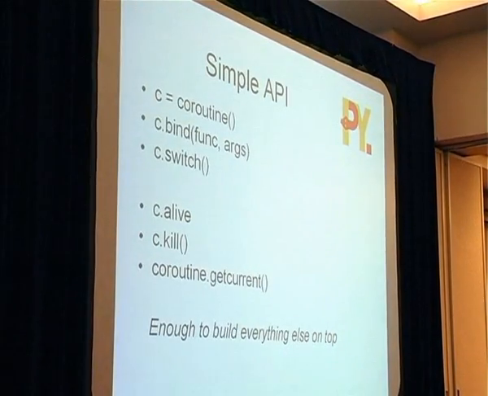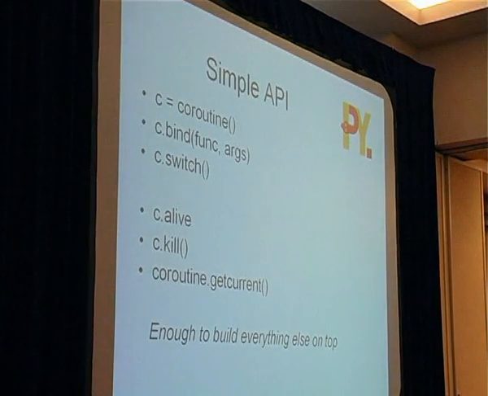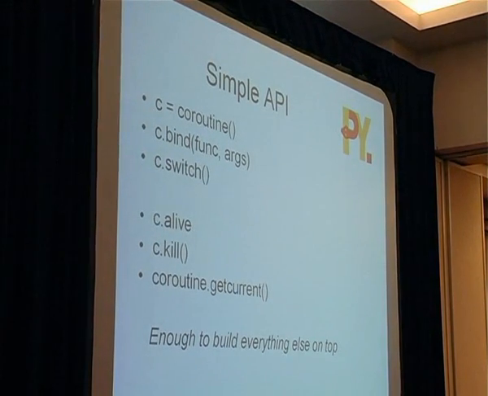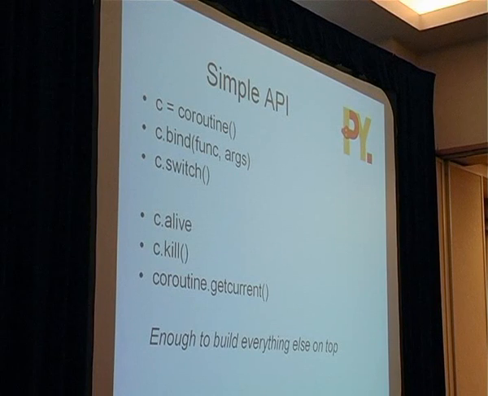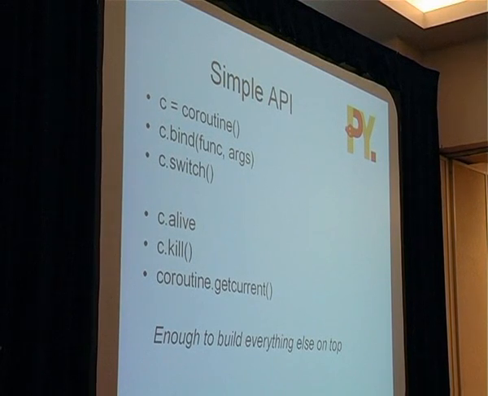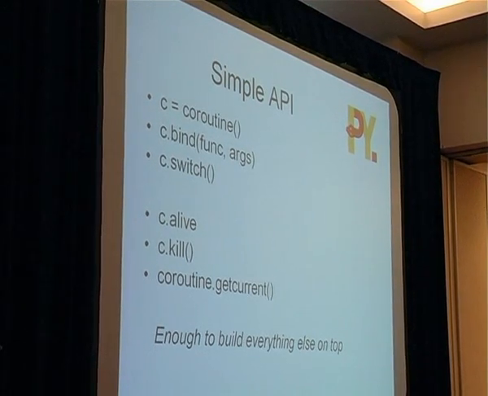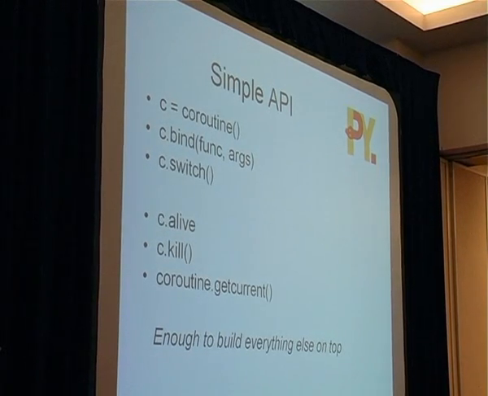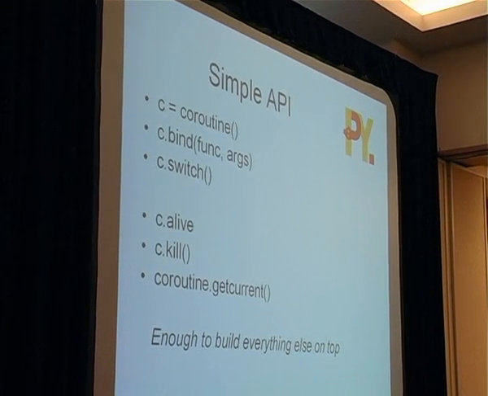So there's a very simple API. This is actually the API that's exposed to the Python level for applications. The internal layer is just a little bit simpler. We just create a coroutine, bind it to some function with some arguments, and switch to it. These are the basic operations which are possible.